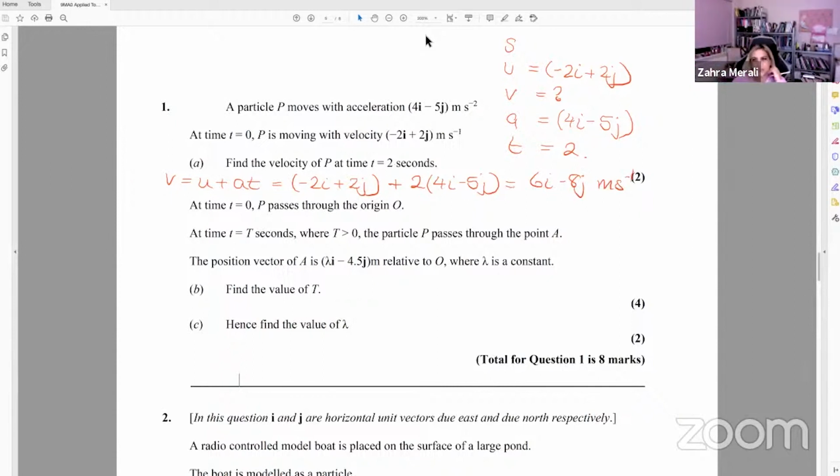Then it tells us at time t equals 0, P passes through the origin, and at time t equals big T, the particle P passes through the point A. The position vector of A is lambda i - 4.5j. Find the value of T. So we've got our position vector, so that's a distance: lambda i - 4.5j.